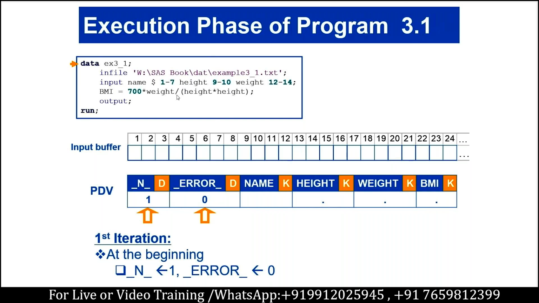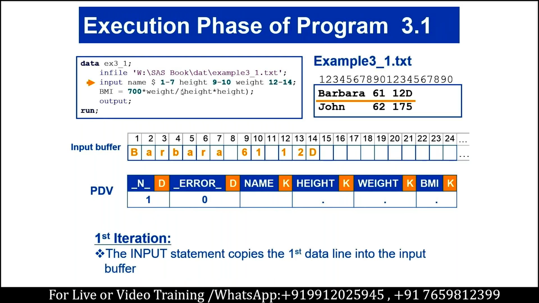Observe the cursor carefully. In the first iteration, it is reading the first record; _N_ equal to 1 means the first record. First, from the text file, the input buffer holds the data position-wise. You see Barbara 6112D in your text file.